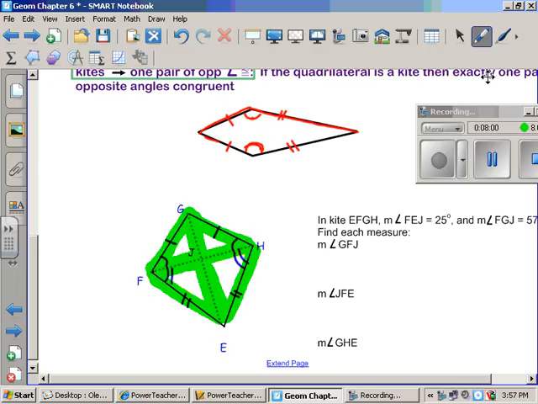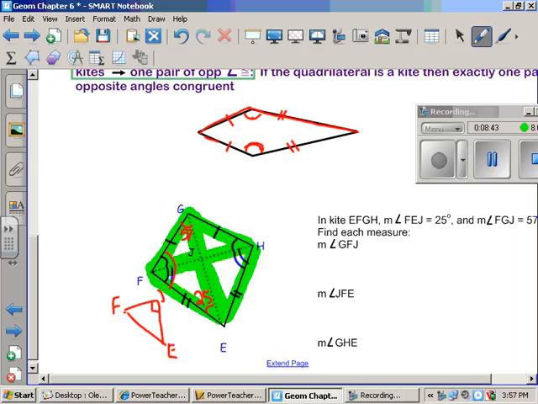Okay? So in this example, angle FEJ, this one here, is 25. And FGJ is 57. So this angle is 57. If we're trying to find this angle here, I would pull it apart and pull out triangle FJE.